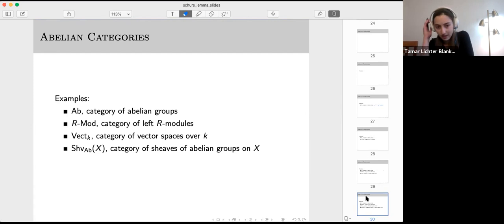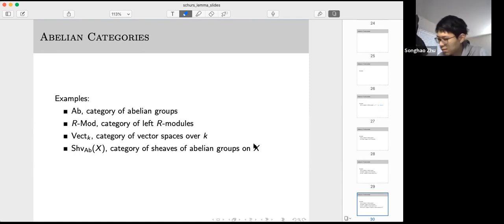This is a more complicated example, but I wanted to include it because I think it's good to see things that are a little bit different. I don't know if everyone here has seen the definition of a sheaf or not, but in this case, a sheaf of abelian groups.